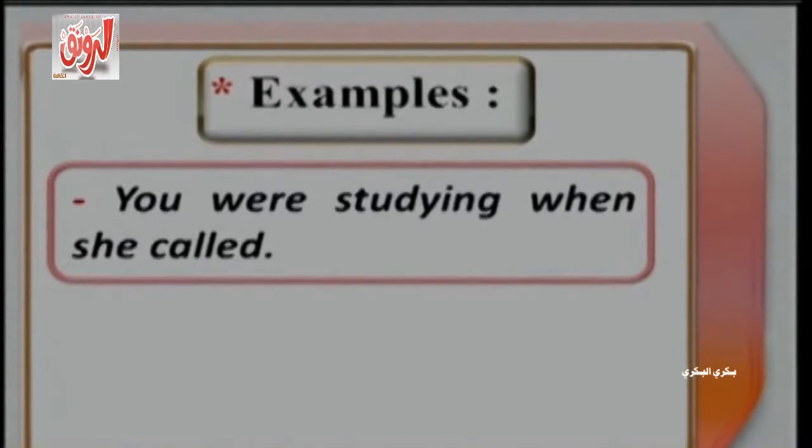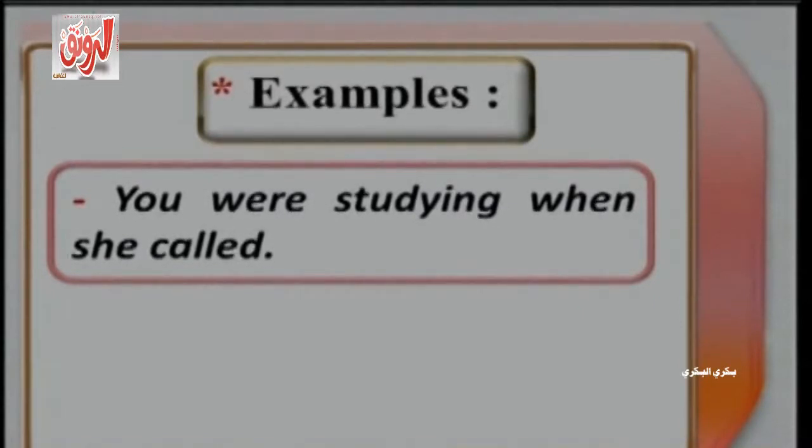This sort of sentence expresses two actions, one long and the other short. How do you know the long action from the short action? The short action is always written in the past simple. Therefore, she called is a short action, and you were studying is a long action.